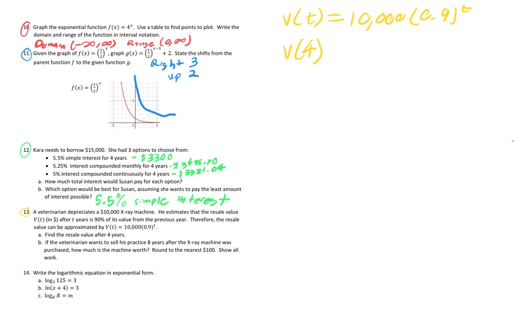So we're going to plug in a 4 anywhere we see a t. It's going to be 10,000 times 0.9 to the power of 4. So V of 4 is equal to 6,561.